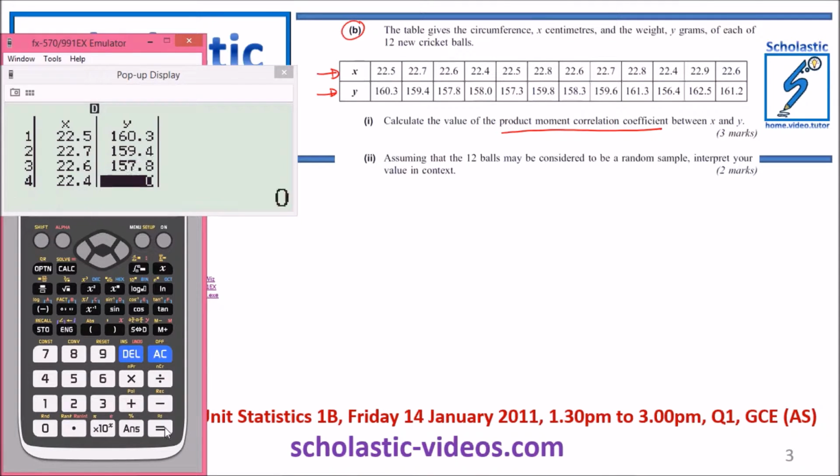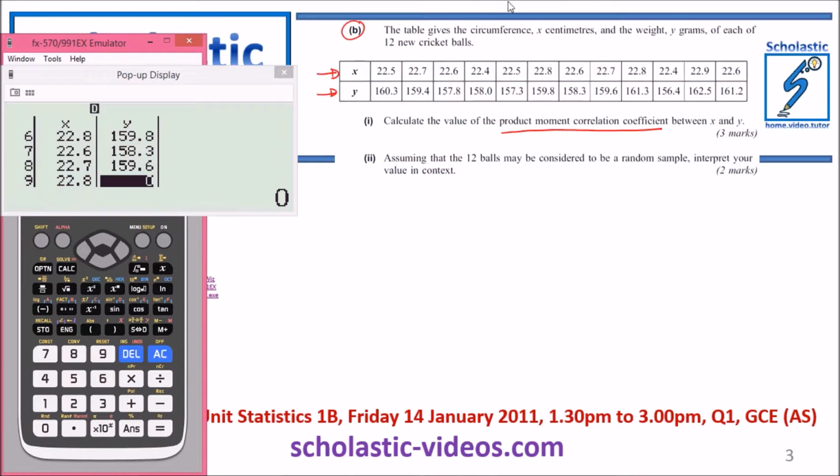157.8, enter. So 22.4 is 158. 158.0, enter. 157.3, enter. 159.8, enter. 158.3, enter. 159.6, enter.